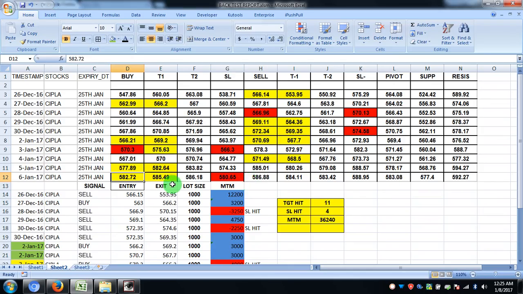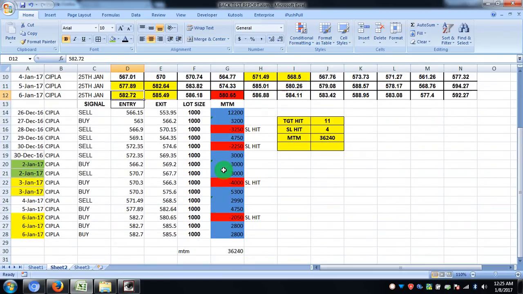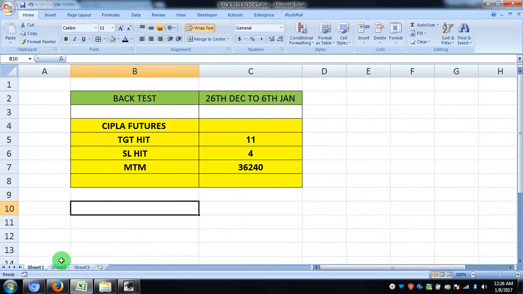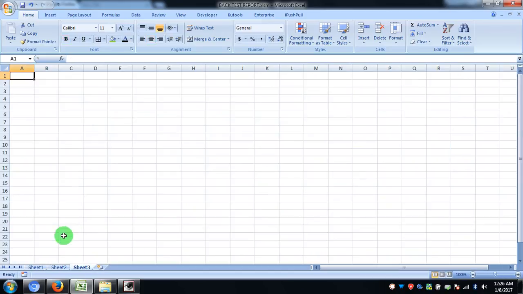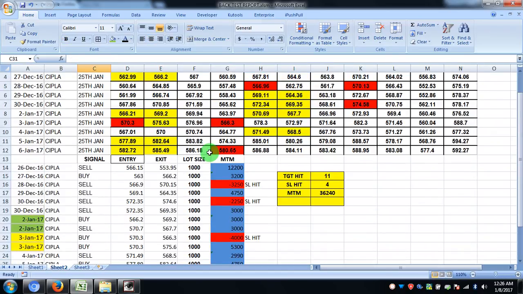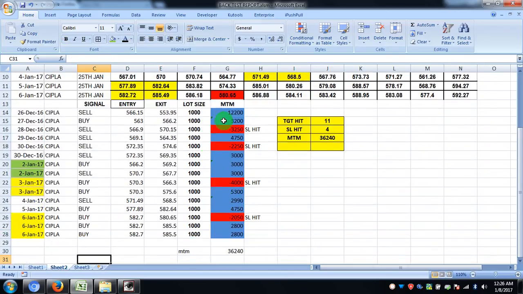This was the report for the last 10 days. According to this, the MTM which I have calculated, roughly, is a profit of around 36,240. In total I have clearly analyzed these calls.